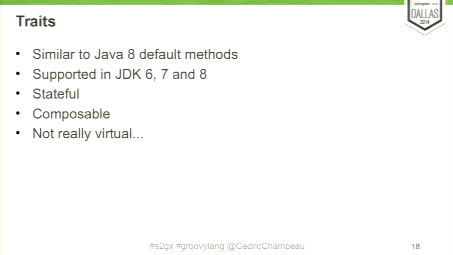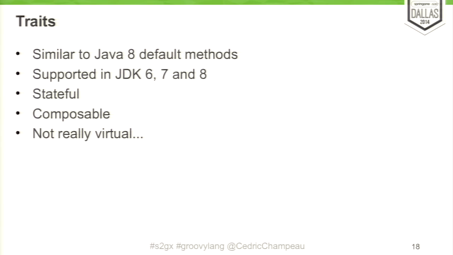So, traits in Groovy. First of all, we introduced a new keyword in Groovy 2.3, just for that. But why use Java 8 default methods? Well, you have to use Java 8. How many people use Java 8 already? You're lucky. So not so many people already use Java 8.